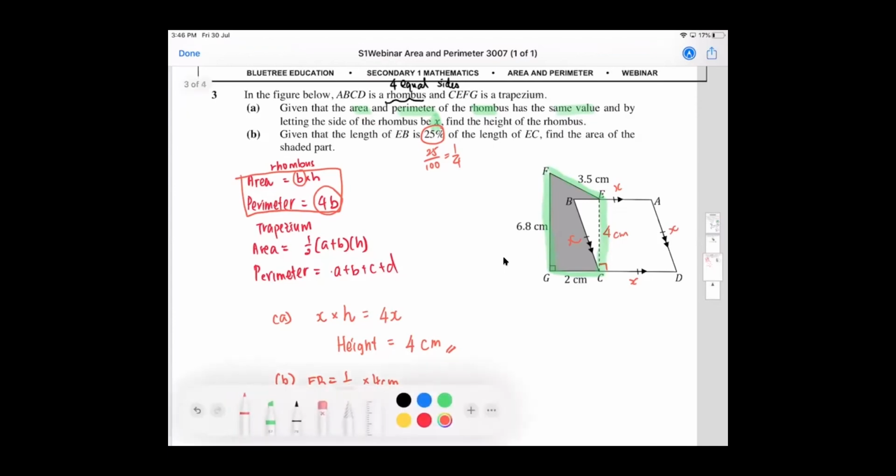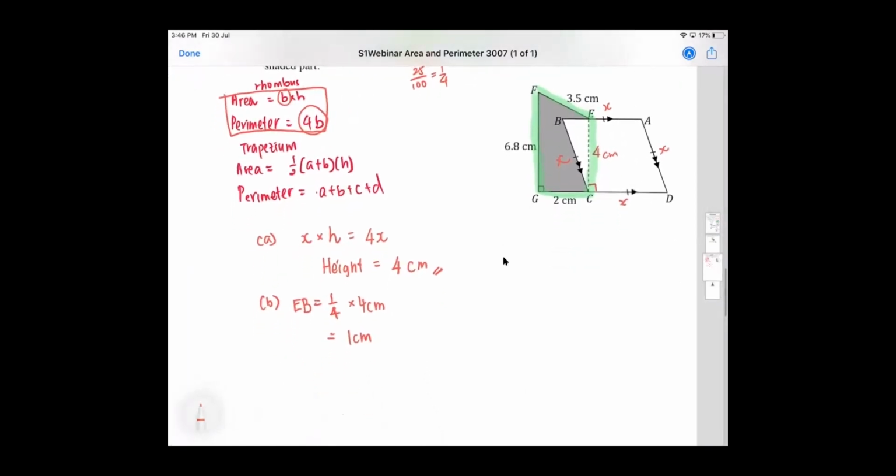So area of a trapezium is half times, so we follow the formula. We need to identify the parallel sides. In this case, FG and FC are parallel. You let one of them be A, the other one be B, then you just use the formula. 6.8 plus 4 times the perpendicular distance between these parallel sides.